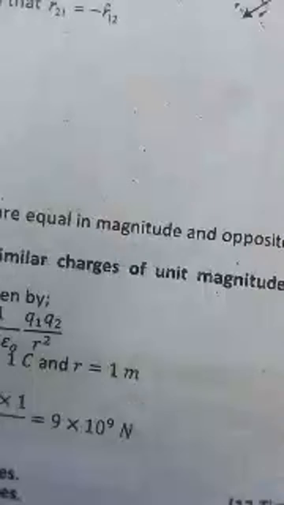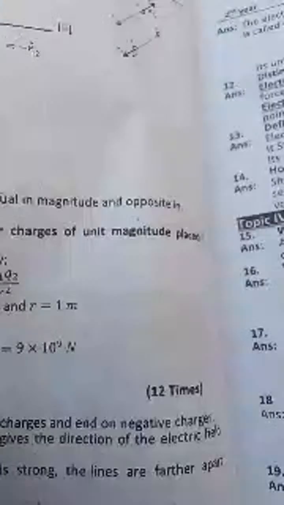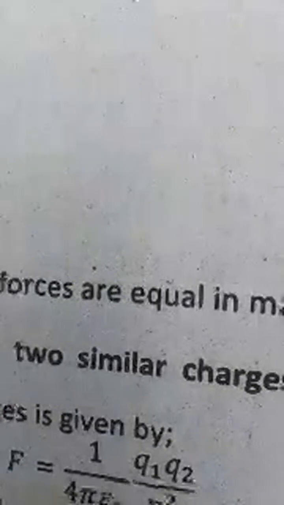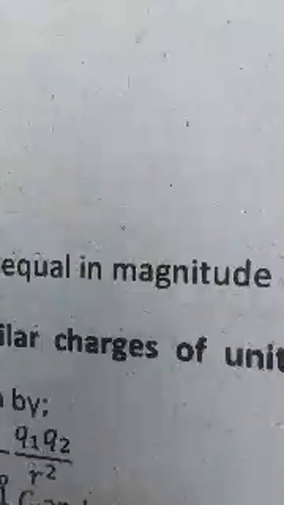Putting this in the equation, F21 is equal to minus 1 over 4 pi epsilon naught, q1 q2 over r squared, r12. Using the equation, F21 is equal to minus F12. Hence proved that both the forces are equal in magnitude and opposite in direction.